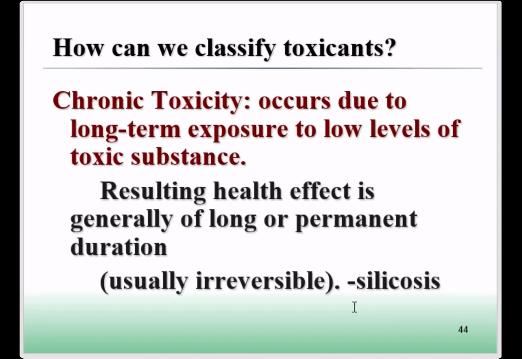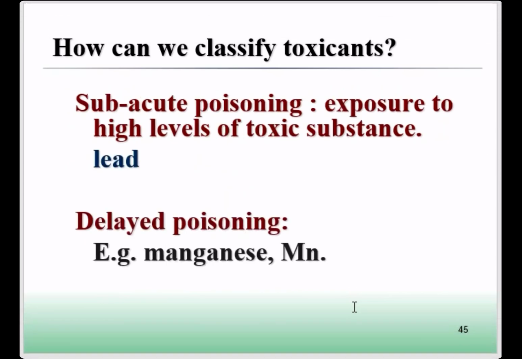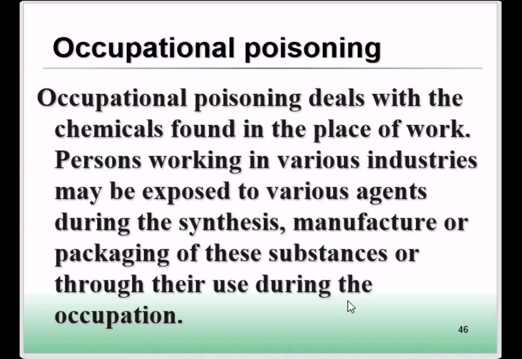So we have 4 different types. One is acute toxicity. The second one is chronic toxicity. These 2 are the majority of the toxicants that cause workers' illness or disease. We also have subacute poisoning and delayed poisoning.